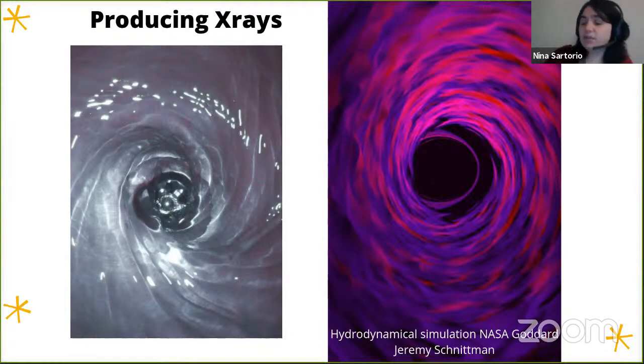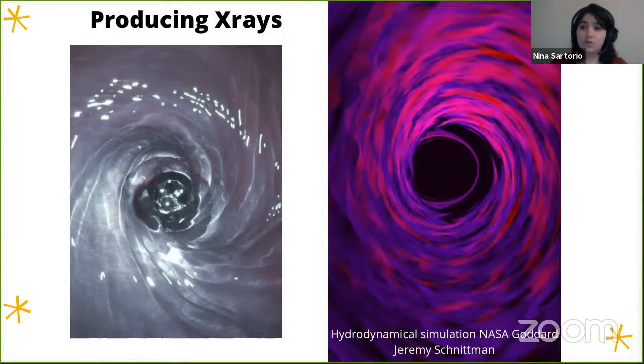And as this material is accreting onto the black hole or the neutron star, what happens is that they lose what we call gravitational potential energy and they gain thermal energy. This is just a fancy way of saying that they are speeding up and colliding with other material that's around, and they're getting very, very hot.